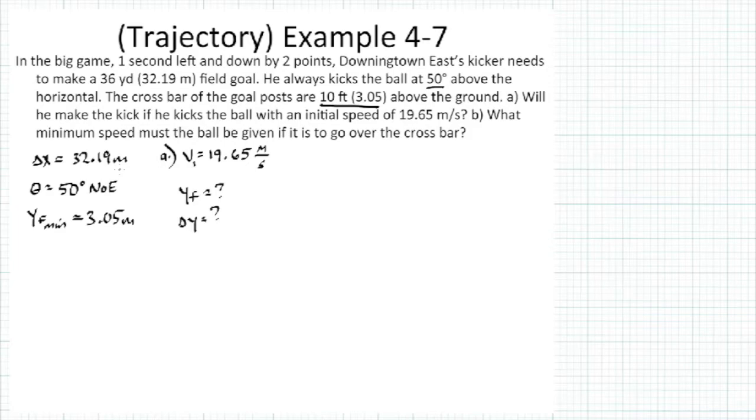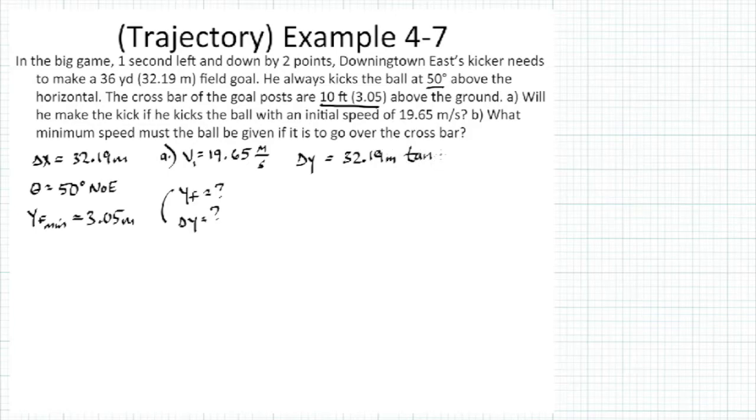These are basically going to be the same thing because we're going to assume the ground is 0. So the change in Y, that is the Y location, and Y final are basically the same thing. So let's use our range equation. Okay, we can say that delta Y equals our x displacement, that's 32.19 meters, times the tangent of theta.